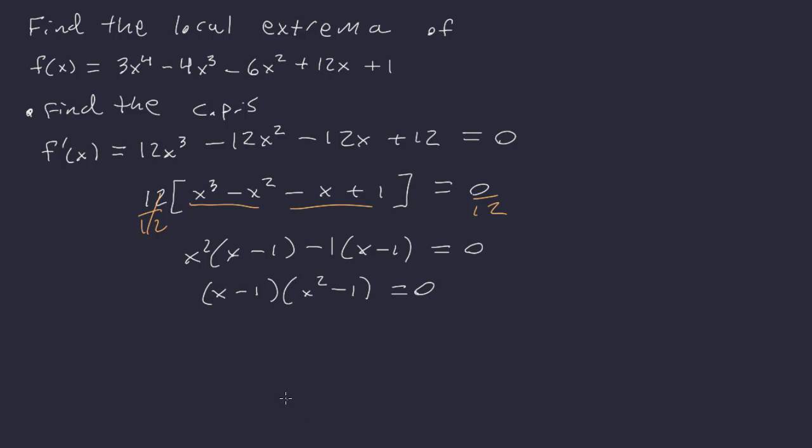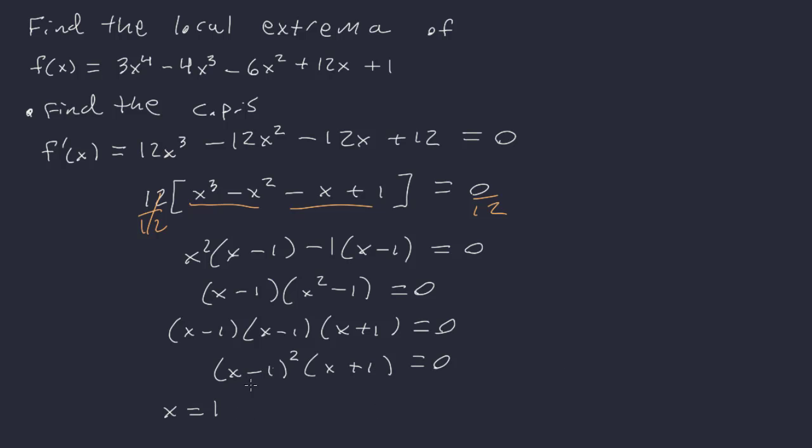Now this might seem a little strange, but I'm going to factor this one again, because that's going to be x minus 1 times x plus 1. So that's x minus 1 all squared times x plus 1 equals 0. So x is either 1 or negative 1. These are the critical points.